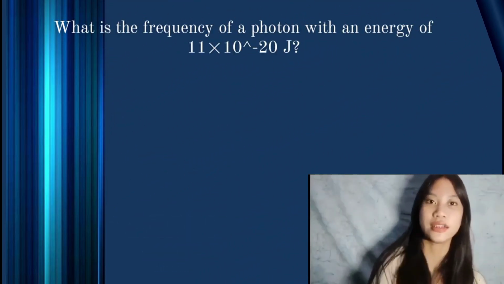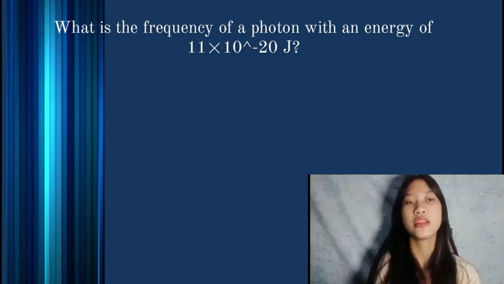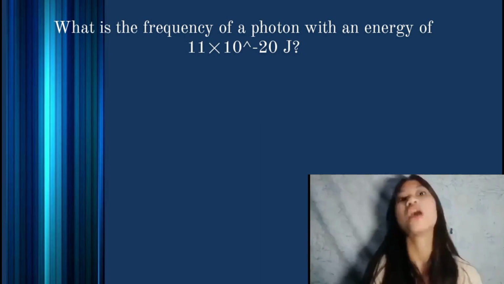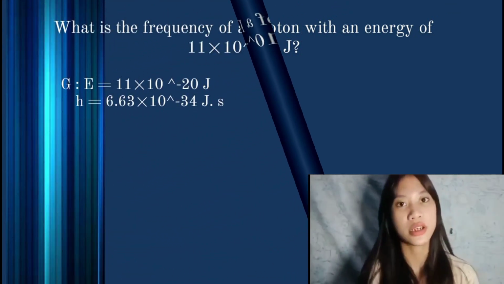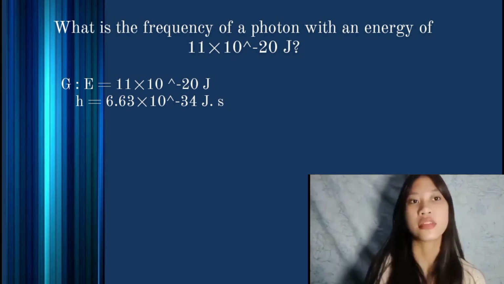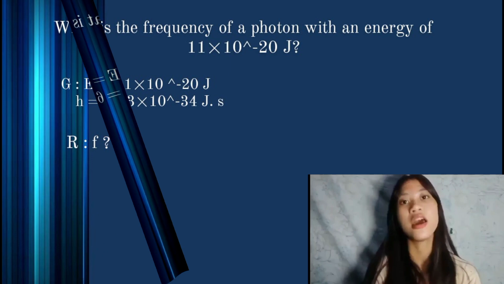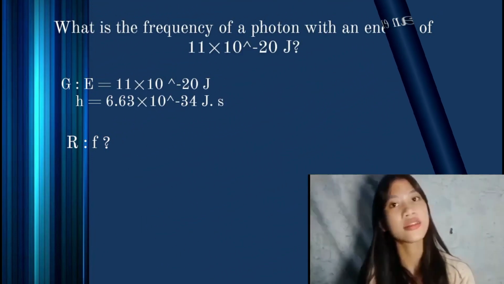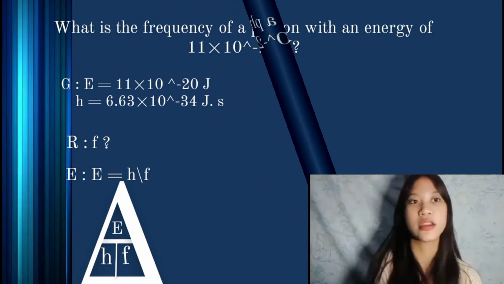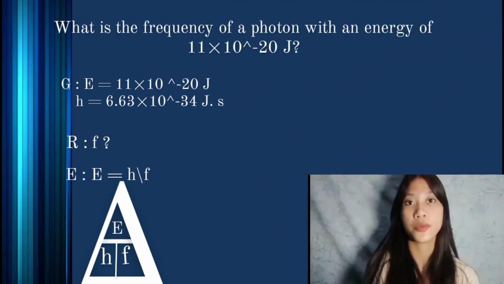Our given here is, what is the frequency of a photon with an energy of 11 times 10 raised to negative 20 joules, and our given Planck's constant is 6.63 times 10 raised to negative 34 joule seconds, and our required here is f, which is frequency, and our equation here is energy equals Planck's constant times frequency.